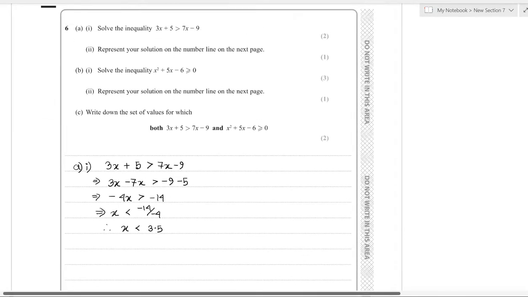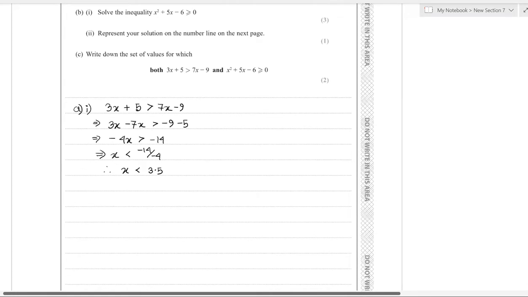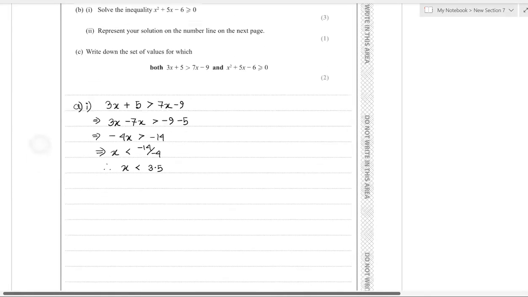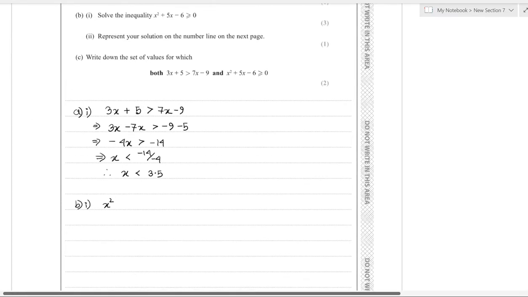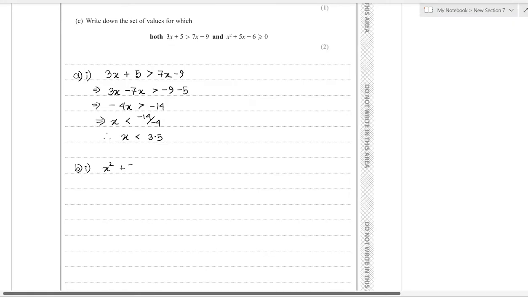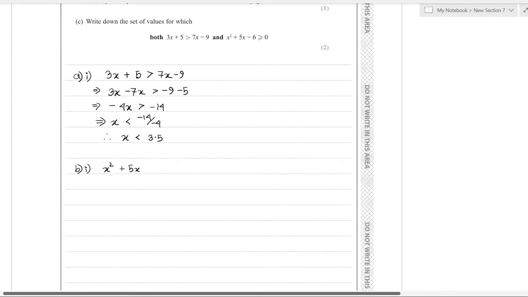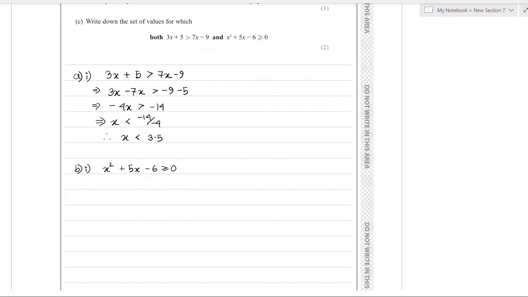Moving to part B1, solve the inequality x square plus 5x minus 6 greater than or equal to 0. So you have part B1, x square plus 5x minus 6 is greater than or equal to 0. Now as you can see, it is a quadratic expression, so you obviously have to factorize it.